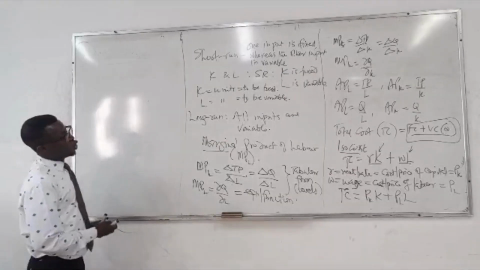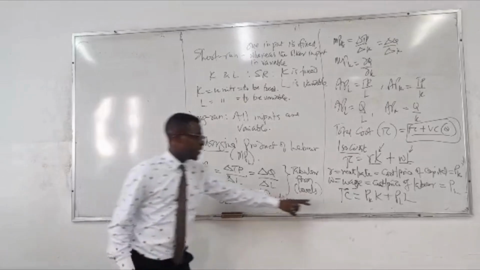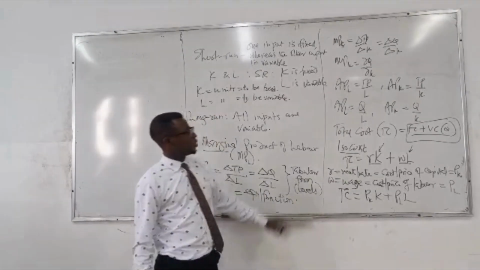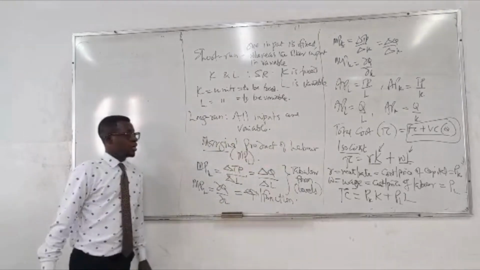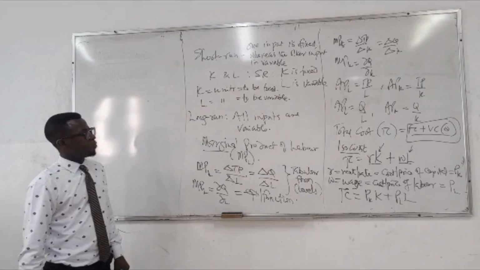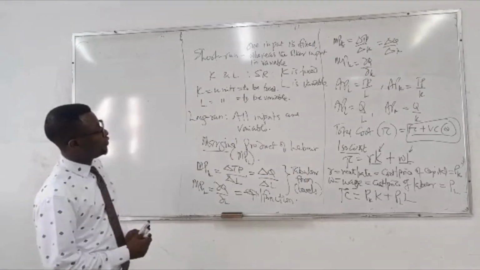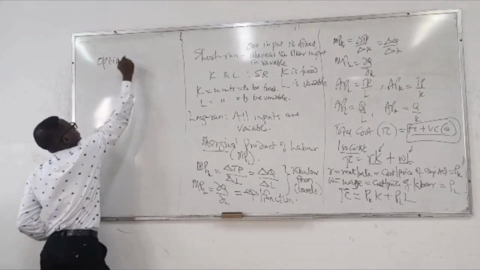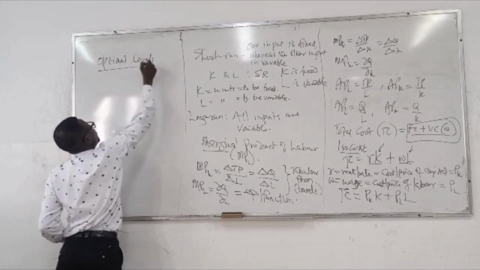Alright, so now our next step from the total cost, the isocost which we discussed, you go to what I would refer to as the optimal levels. Optimal levels, right? What are the optimal levels?